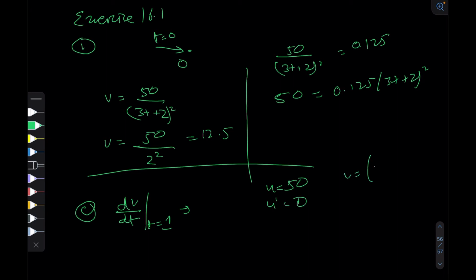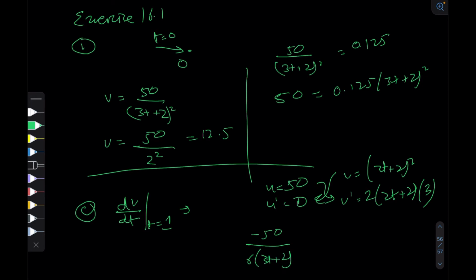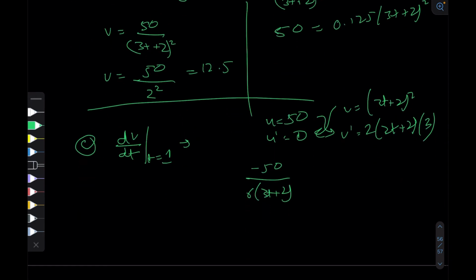If v is (3t plus 2) squared, then v prime would be 2 times (3t plus 2) to the power 1, multiplied with 3. Then we can simply do vu prime minus uv prime, and we get minus 50 over 6 times (3t plus 2). And we want to find the acceleration when t is equal to 1. In other words, minus 50 over 6 times 5, and this would turn out to be minus 10 over 6, right?